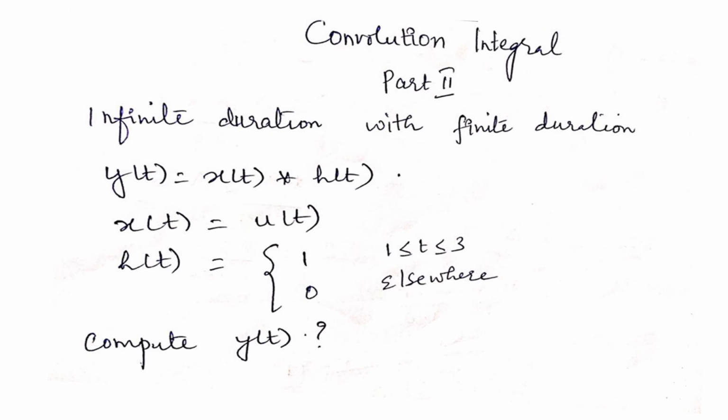You can observe that h of t is defined only between the interval 1 to 3 and it is 0 elsewhere. So this kind of question involves one or two more cases extra when compared to the earlier question which had only two cases. So let us see how we can compute y of t for such a question.